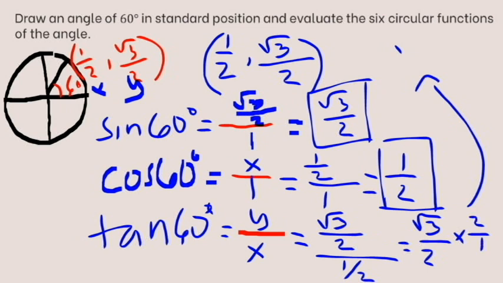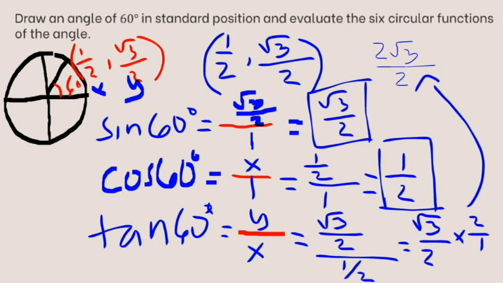So it is 2 square root of 3 over 2. Let's simplify it.